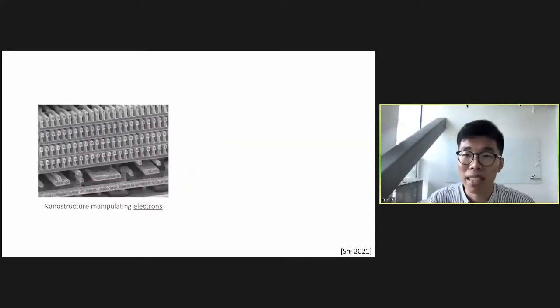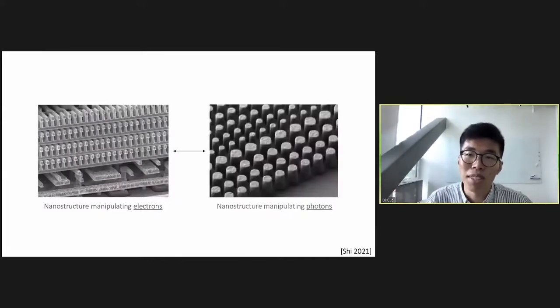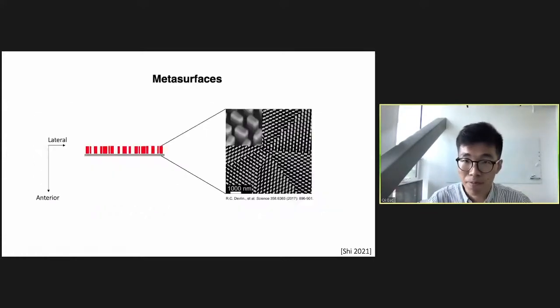Inspired by the semiconductor industry, where scientists and engineers build nanostructures that manipulate electrons, people use similar fabrication techniques to build nanostructures on a surface plane to manipulate photons. These surfaces with nanostructures are usually called metasurfaces. The shape of the nanostructures on the metasurface determines how photons are manipulated when they travel through.